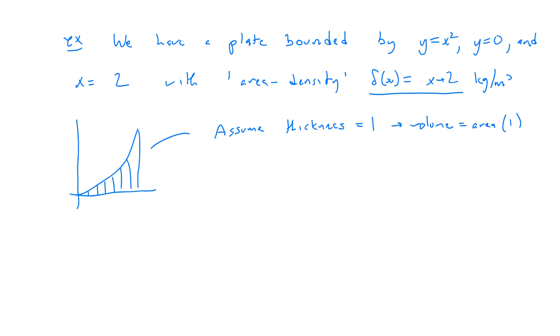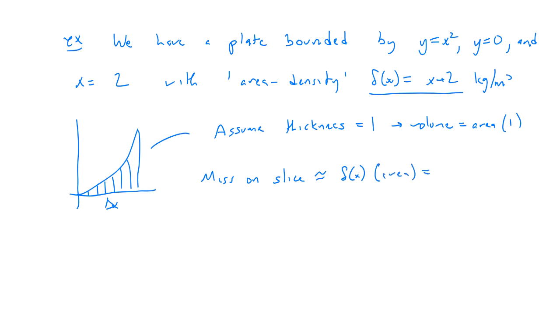And so we would get mass on the little slice. If again I make these delta x, is about equal to the density at that point. Again, officially we might do left or right or middle, but it doesn't matter because we're going to let that go to 0. And multiply by the area.